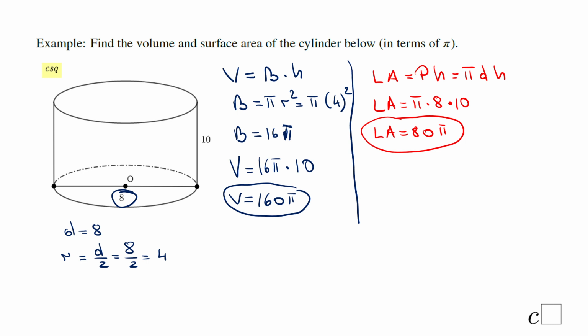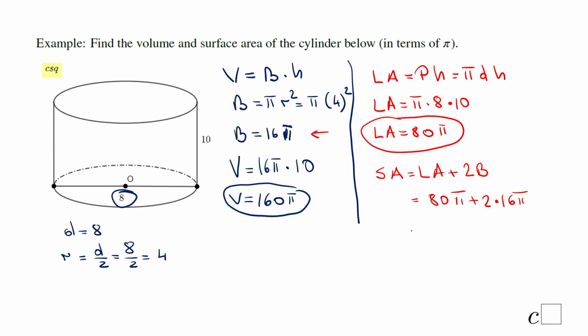And let's move to the surface area. Surface area, if you remember, the formula is the lateral area plus 2 bases. So it's going to be this 80 pi plus 2 times 1 base, which is 16 pi.